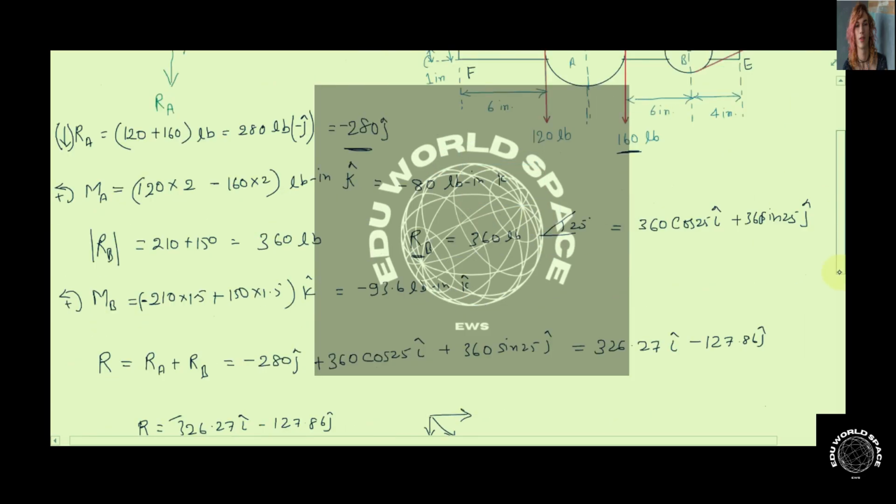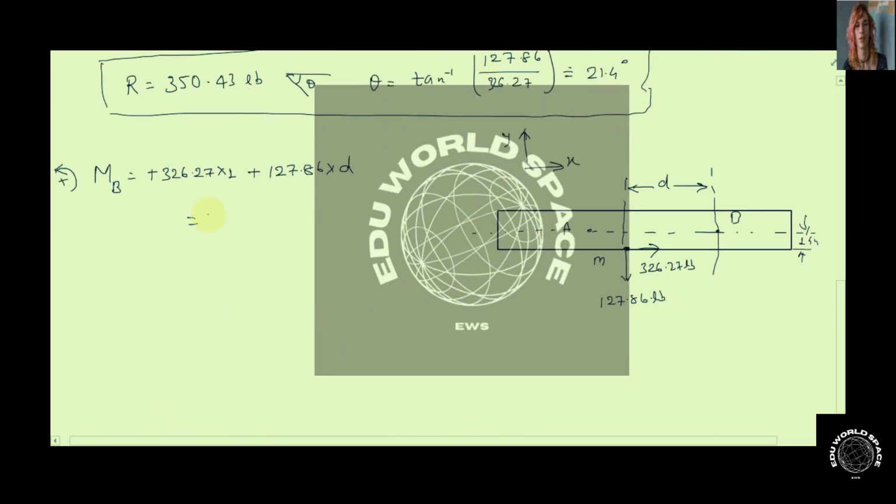So the total moment will be MA plus MB plus RA multiplied by the perpendicular distance, that is 6. We have got the value of MA above, that was minus 80, MB was minus 93.6, and RA, since we have already considered its direction, is going to cause a counterclockwise couple, so we can use its value directly, 280 multiplied by 6.